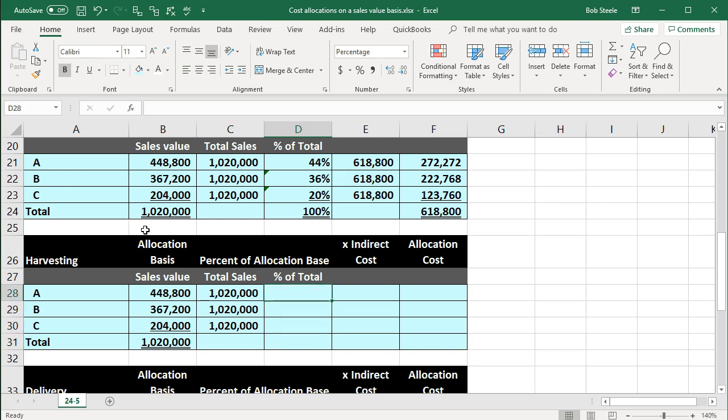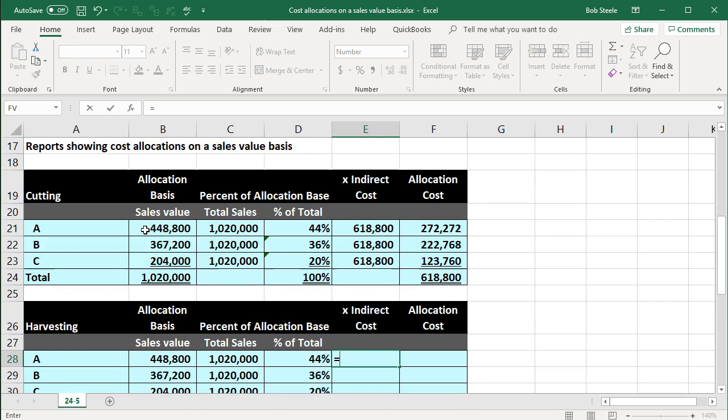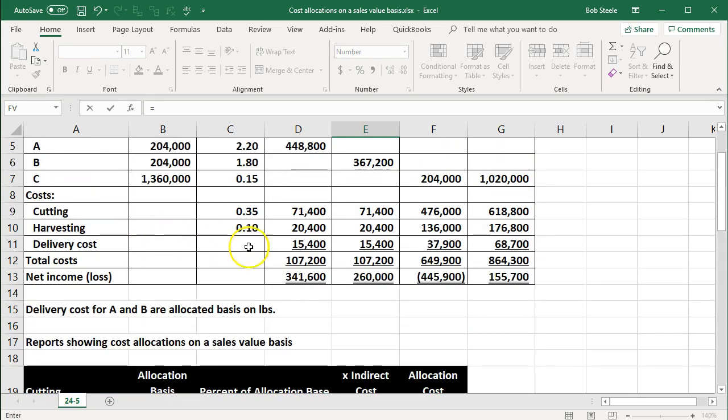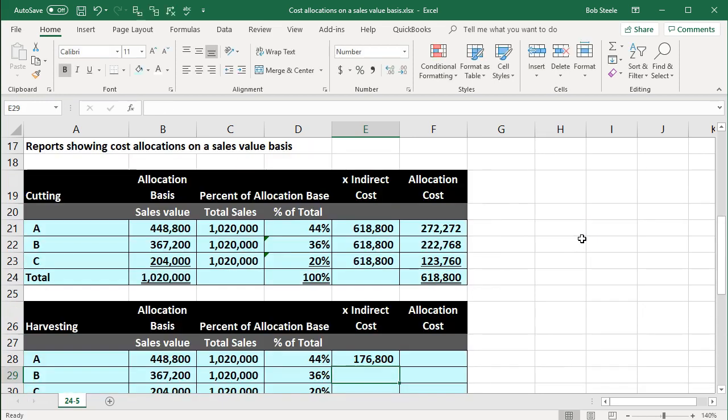For our percentages then, the sales divided by the total sales. So equals the sales for B divided by the total sales. Equals the sales for C divided by the total sales. And now we're looking for the indirect cost, this for the harvesting. So if we say equals and scroll up, we're going to pick up the total, the 176.8, and enter.